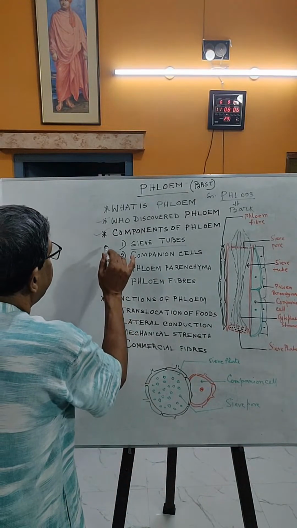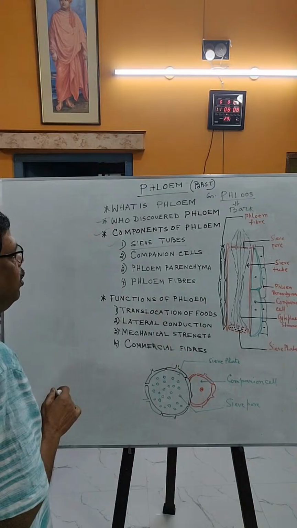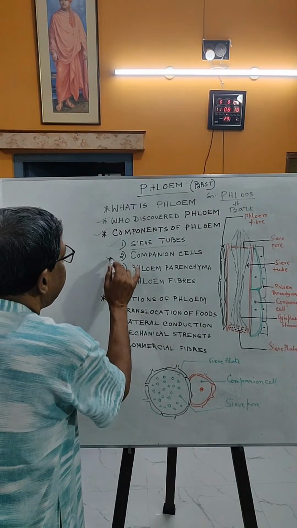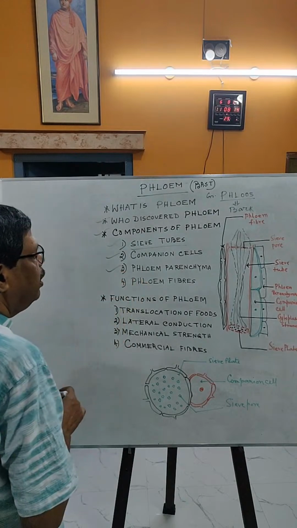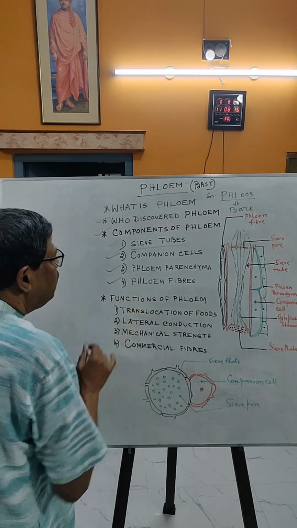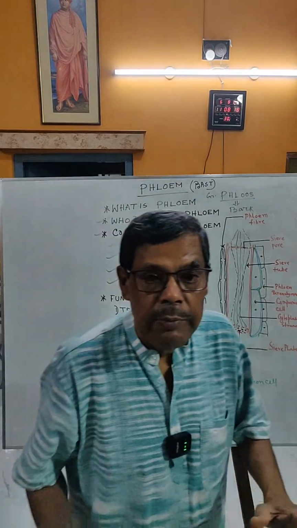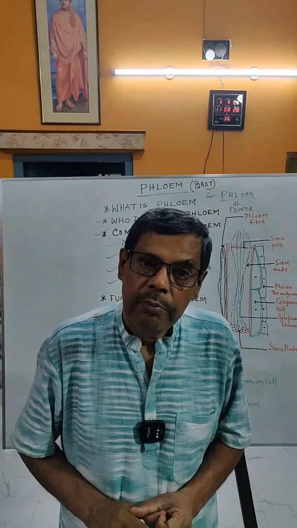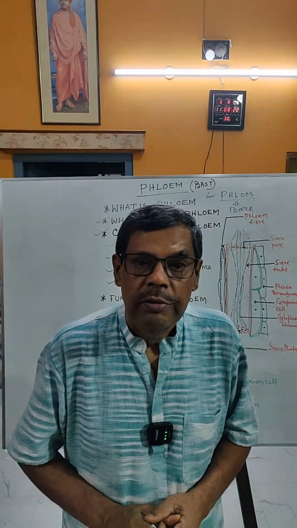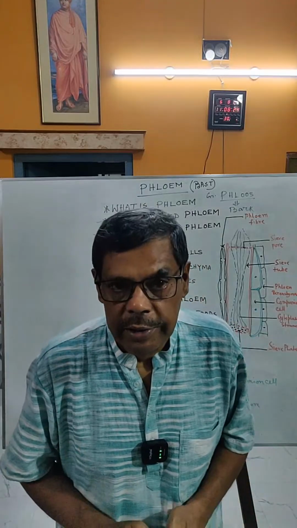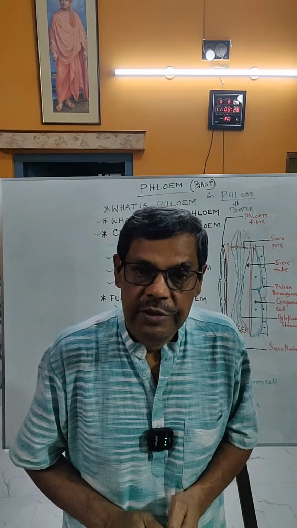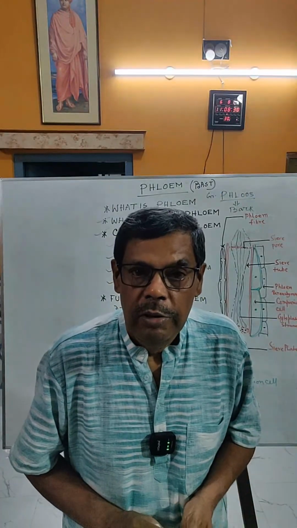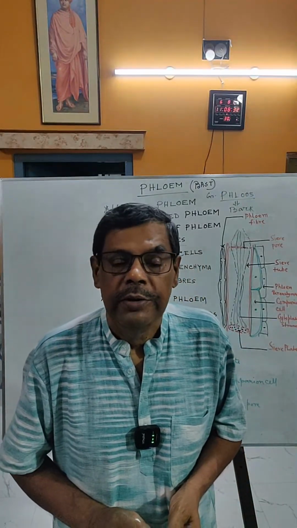First, sieve tubes. Next, companion cells. Next, phloem parenchyma. Next, phloem fibers. Another cell may be found in phloem in case of gymnosperms and pteridophytes, which is called sieve cells. This is the primitive type of cell component of phloem.